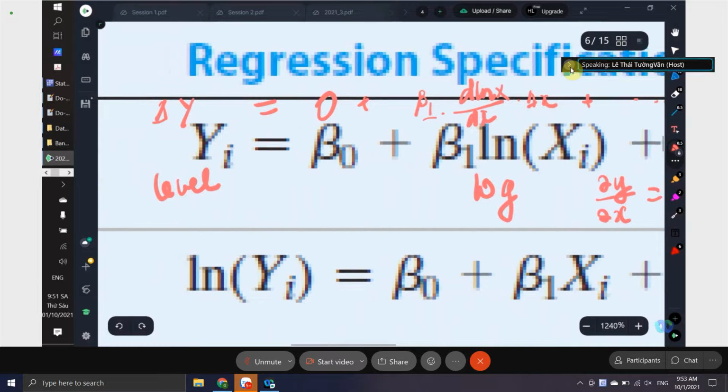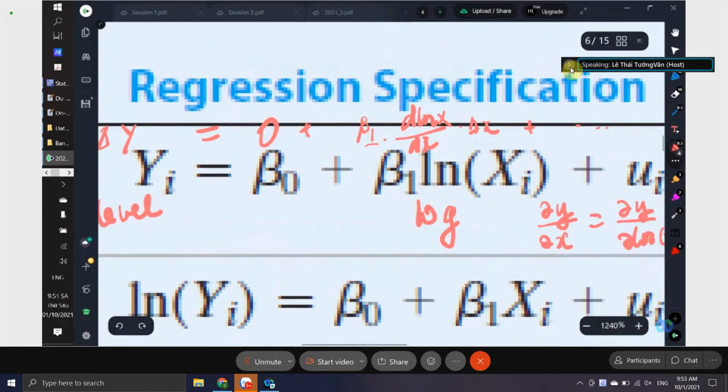So you may see that if we assume all other variables to be constant, we are talking about fixing all other elements.